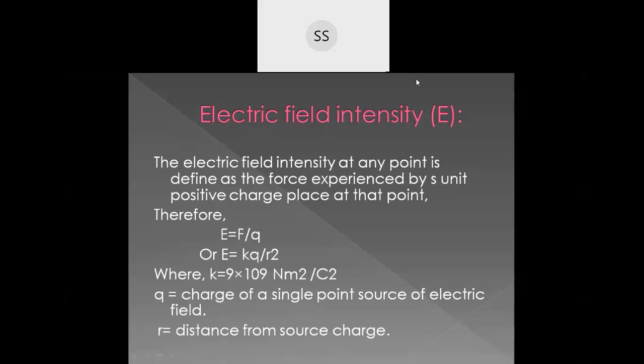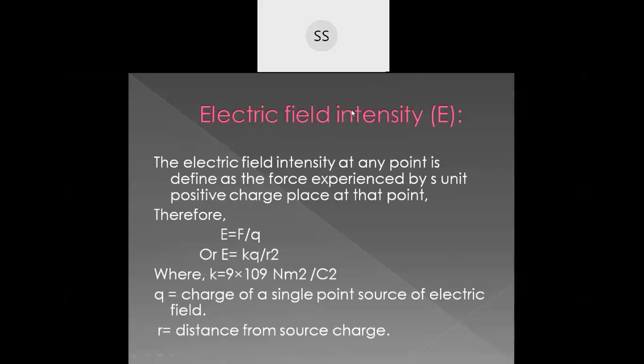See, we have already calculated the value of F in the Coulomb's law part. What was the value of F? F equals K Q1 Q2 by R square. In this case, we are taking two charges.